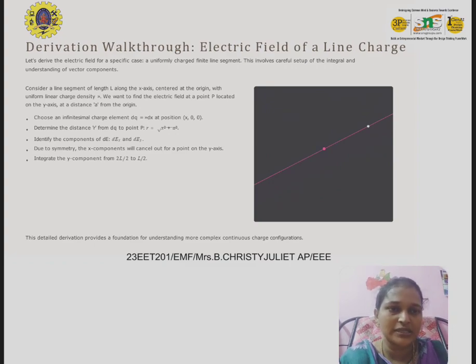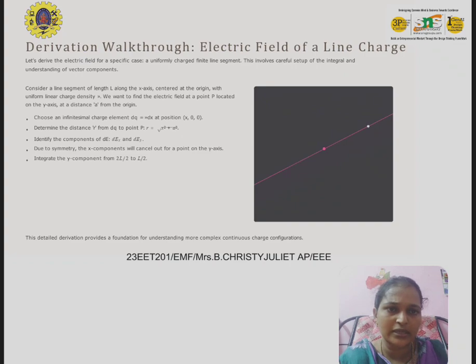So the position is x, 0, 0, and the components for deriving this electric field are dE and dE_R. Due to the symmetry, the x components will cancel each other, so therefore the y components alone exist.